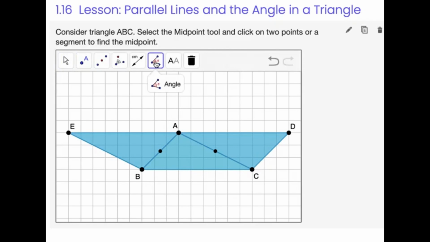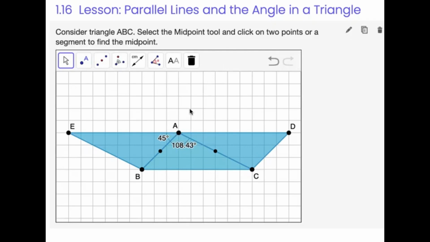We'll use the measuring tool for the angle, and let's measure angle EAB. Well, that comes out to be 45 degrees. Let's measure angle BAC. And that comes out to be about 108.43 degrees.